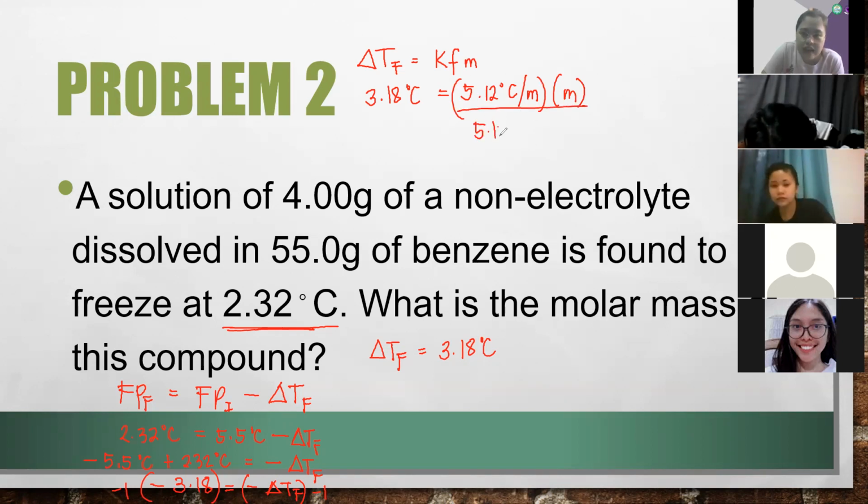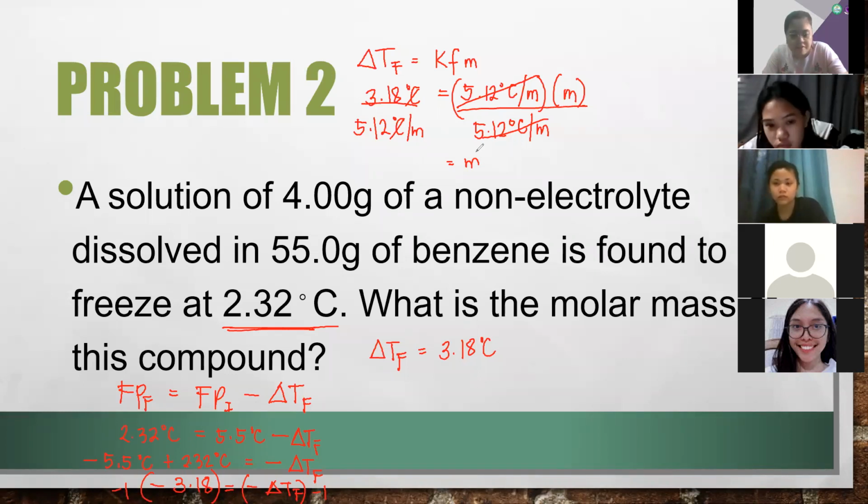So divide both sides with the 5.12 degrees Celsius per molar. Cancel the degrees Celsius. So the molality of the solution, 3.18 divided by 5.12 is 0.6210935. Molar yan siya. Okay? So we have now the molality.